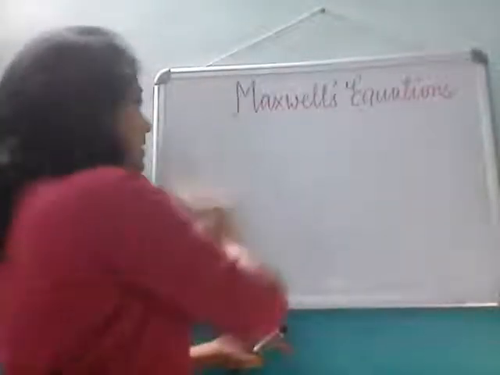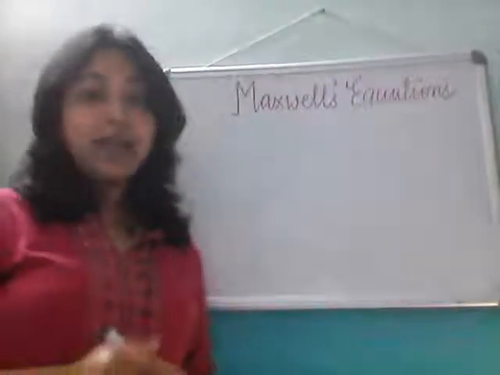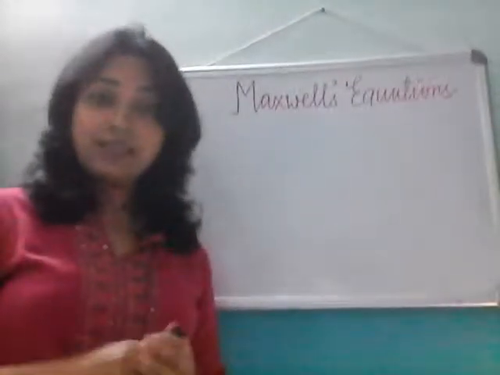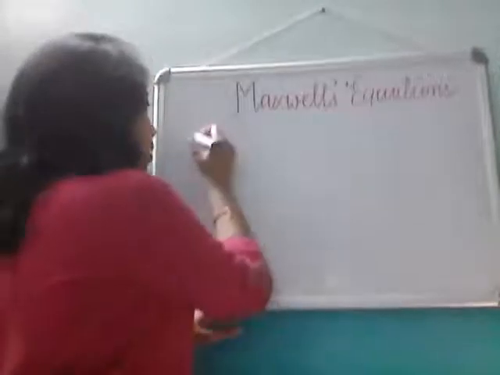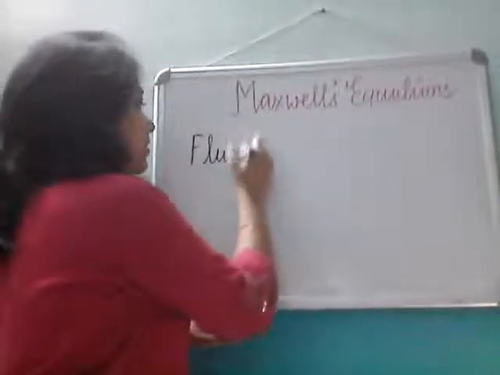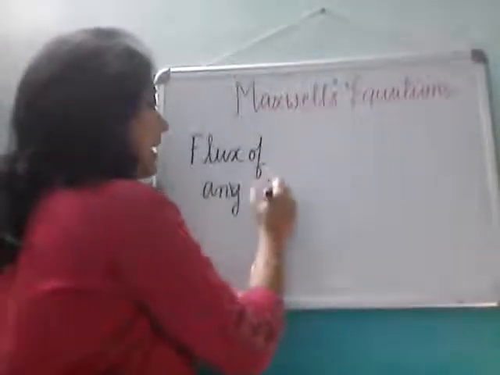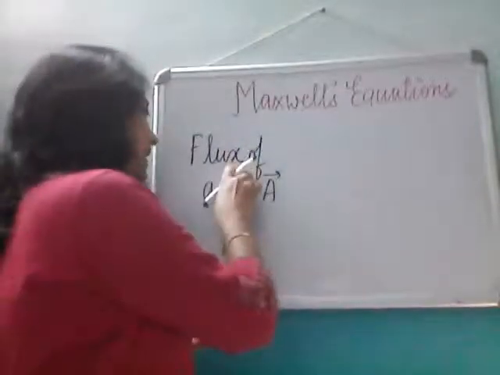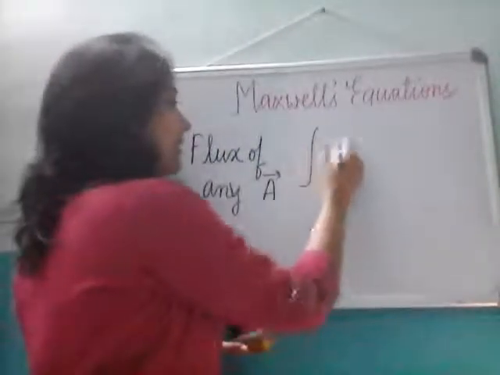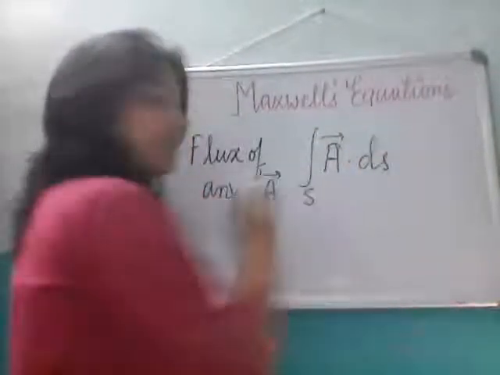So what is the first thing which I would like to remind all of you about? The first thing is from the vector chapter. Suppose there is a vector, say vector A. How will I write the flux of any vector A? I will write it as the integral of vector A dot dS over a surface.